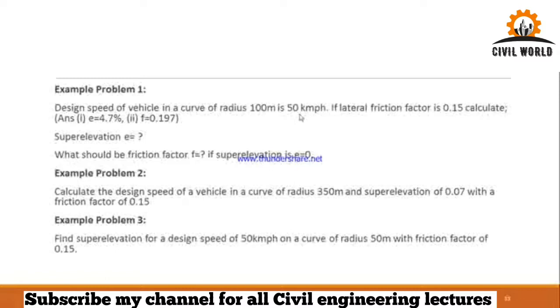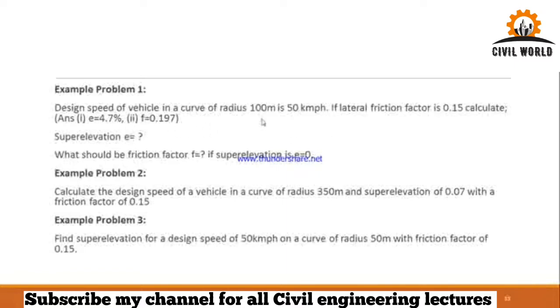So its result will then be in meter per second. So speed will be expressed in the unit of meter per second just by multiplying it by 1000 and dividing by 3600. And if the lateral friction factor is 0.15, calculate.